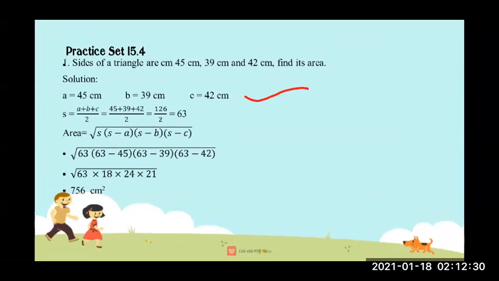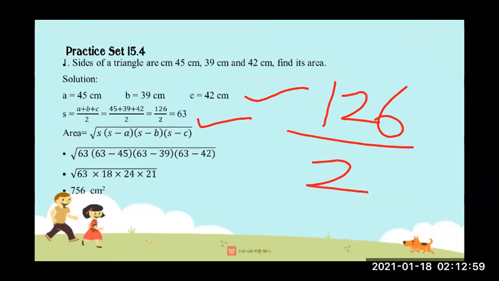Now semi-perimeter of a triangle is S, that is the short form of semi-perimeter. S equal to a plus b plus c upon 2. Here a plus b plus c is 45 plus 39 plus 42 divided by 2. Now if we add all the numbers, we are getting the answer as 126 upon 2.